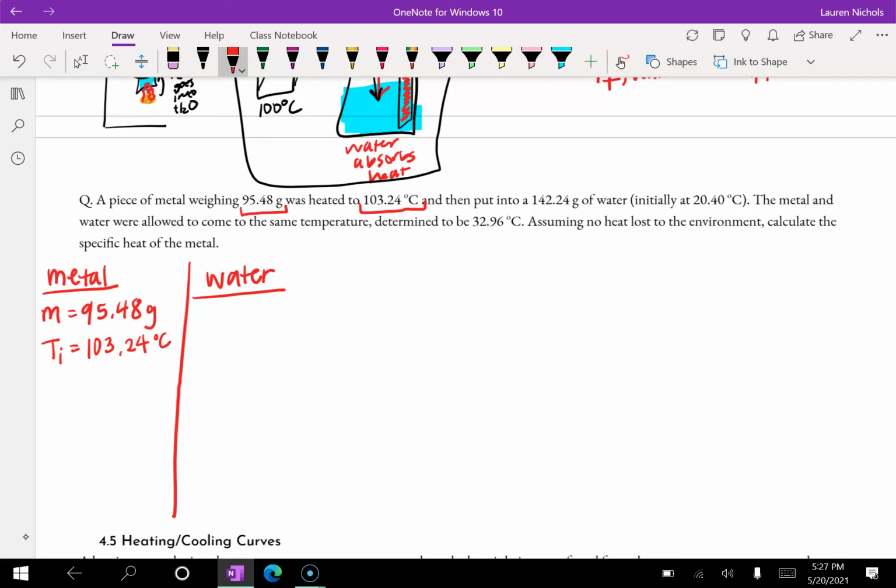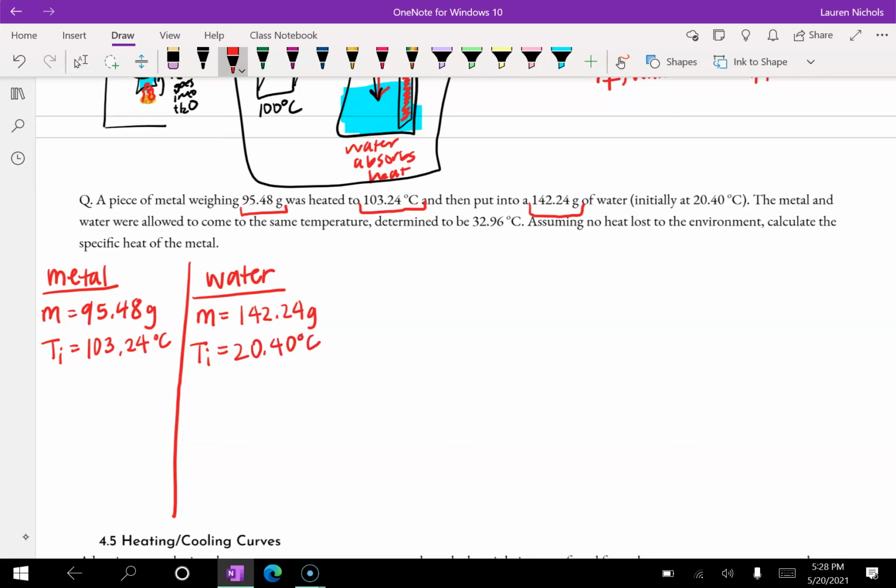It says it was then put into 142.24 grams of water. So again, we see a G for grams. So now we've got our mass of our water, which is 142.24 grams. And it was initially at 20.40 degrees Celsius. So we have a T initial of 20.40 degrees Celsius.